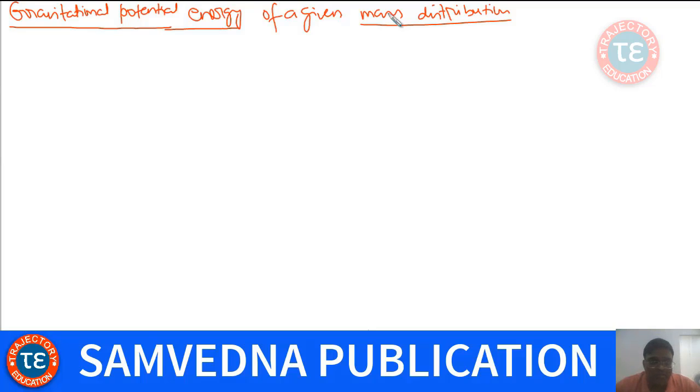So let's see how we can find gravitational potential energy for the given mass distribution.